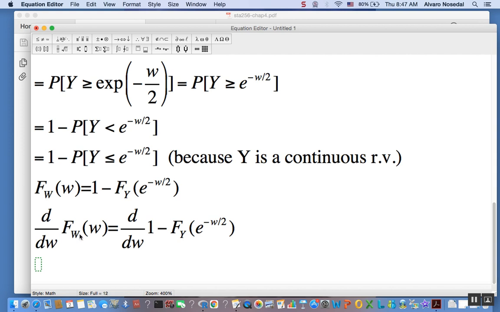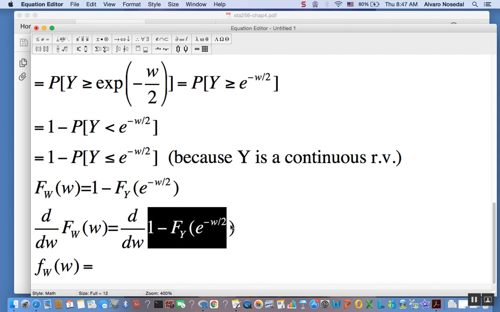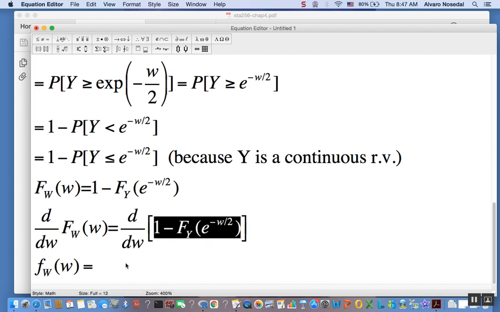By taking the derivative of the CDF of W, we end up with the PDF of W. Here we have the derivative of a sum, so that's a sum of derivatives; the derivative of a constant is 0.